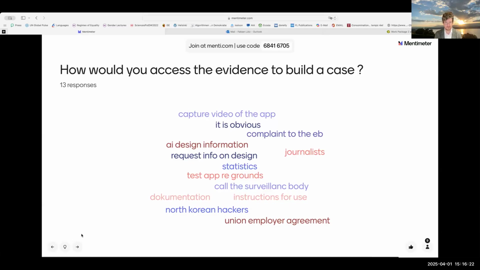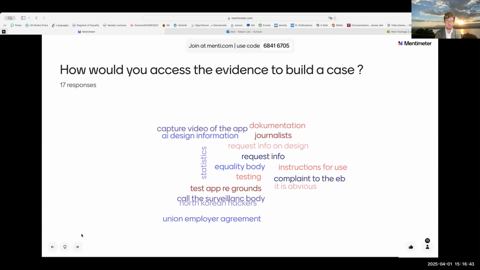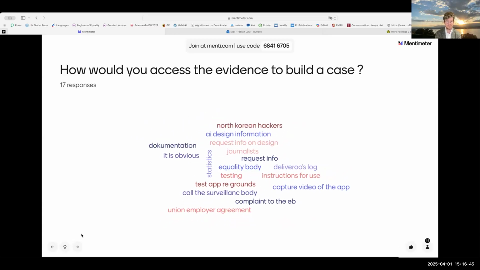Test the app, read grounds of discrimination. I think that's a check that definitely needs to be done. Instructions for use, maybe something is specified there. Trade unions are also a very good source, and AI design information, documentation, all of this info should be requested. A testing of the systems, obviously, we heard about it, Article 70 and 73, and Trish mentioned it also in her presentation.